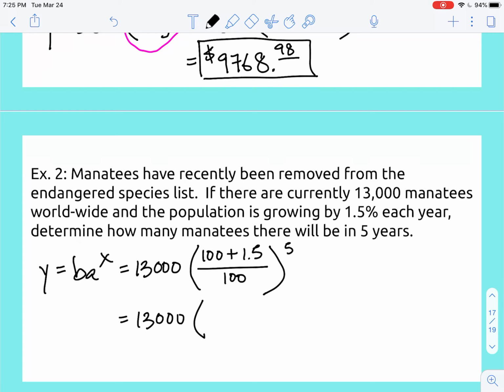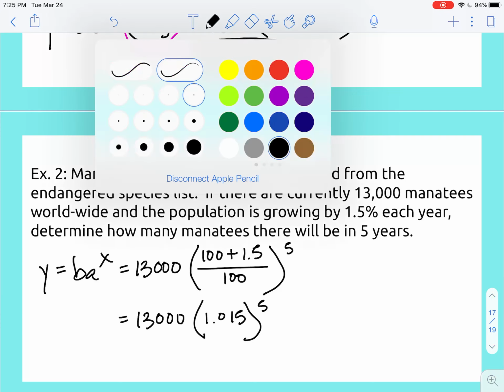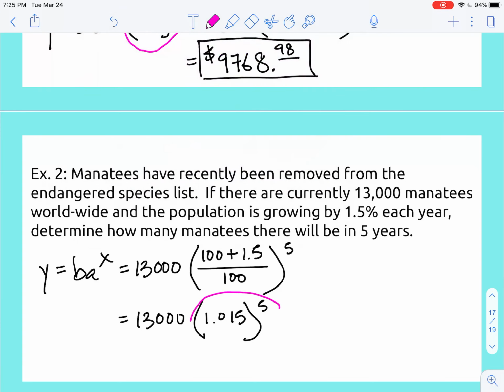I'm going to go ahead and turn the thing inside the parentheses into a decimal. And just like in the other question, I better do this part first so that I don't mess up my order of operations. And I'm going to get 13,000 times 1.077284, lots of other decimals.